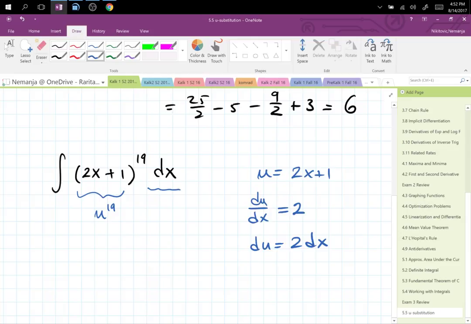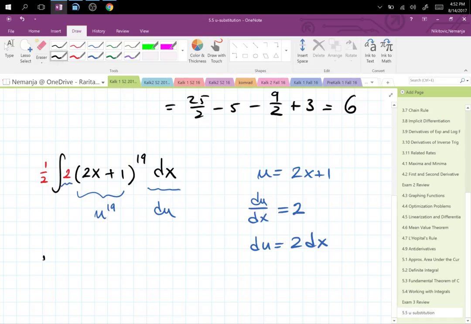Now, you don't have 2 dx. You have 1 dx. So what you can do is you can fix it. You can put 2 and 1/2 to counter that 2 that you put out of nowhere. And now you have your du, because that 2 and dx together make du.